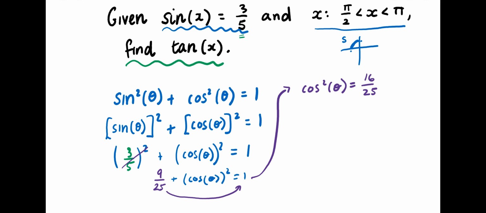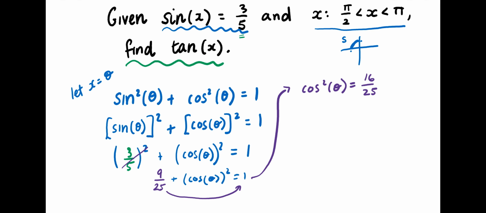So we can think of this as saying, okay, 16 on 25, that's because 25 on 25 minus 9 on 25. Now we need to square root both sides. Now I've been using theta here, but remember we should be using x. So we might just fix that now by saying let x equal theta. And then we can resubstitute this in.